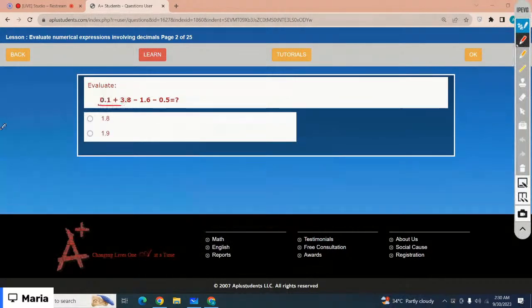So you have to add first, 3.8 plus 0.1 is 3.9. Then you have to subtract, right? 9 minus 6 is 3 and 3 minus 1 is 2, that would be 2.3. And then you have to subtract 2.3 minus 0.5 is 1.8. The correct option is, very good, that would be 1.8.